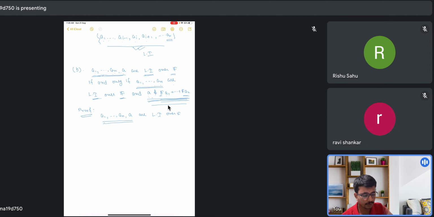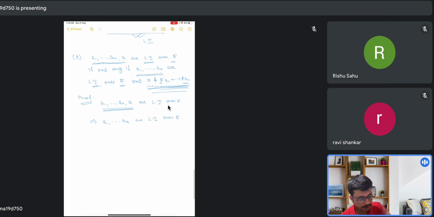So first we are assuming this one, these are linearly independent sets. So automatically this implies your this one is also linearly independent over F. Next we have to prove that A does not belong to these sets.